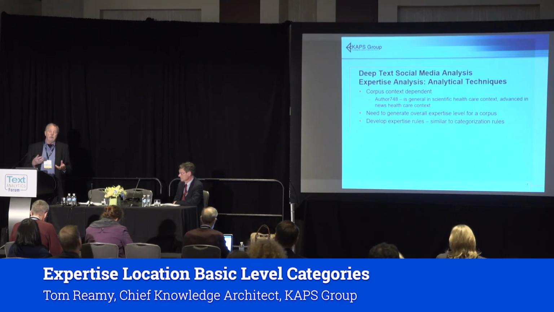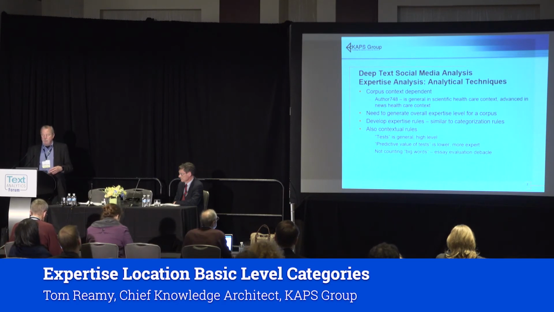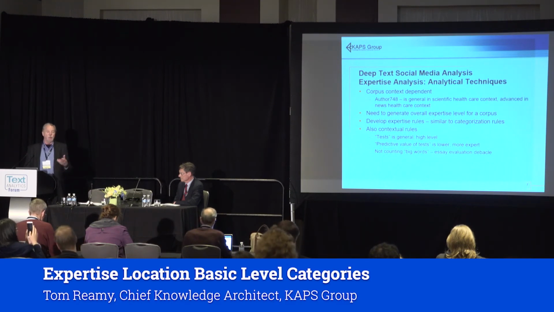That's what I was talking about yesterday: categorization isn't just categorizing by subject. You can categorize by a whole variety of different kinds of properties, and this would be one of them. But again, you need contextual rules, very similar to the disambiguation rules we were talking about yesterday, and that were also discussed earlier today for named entity recognition.